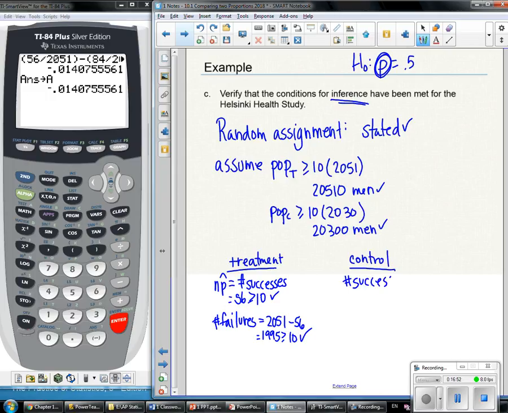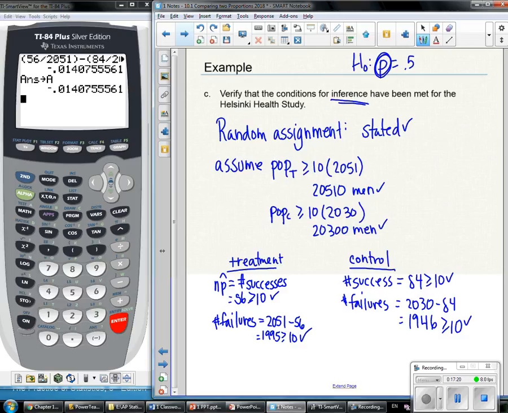In fact, you can do a little table instead of having to write number of successes twice. For my control group, I'm looking at 84 men who had a heart attack. That's clearly greater than 10. And then the number of failures would be 2030 minus 84, and that is 1946. Again, that is clearly greater than or equal to 10. So all the conditions are met.